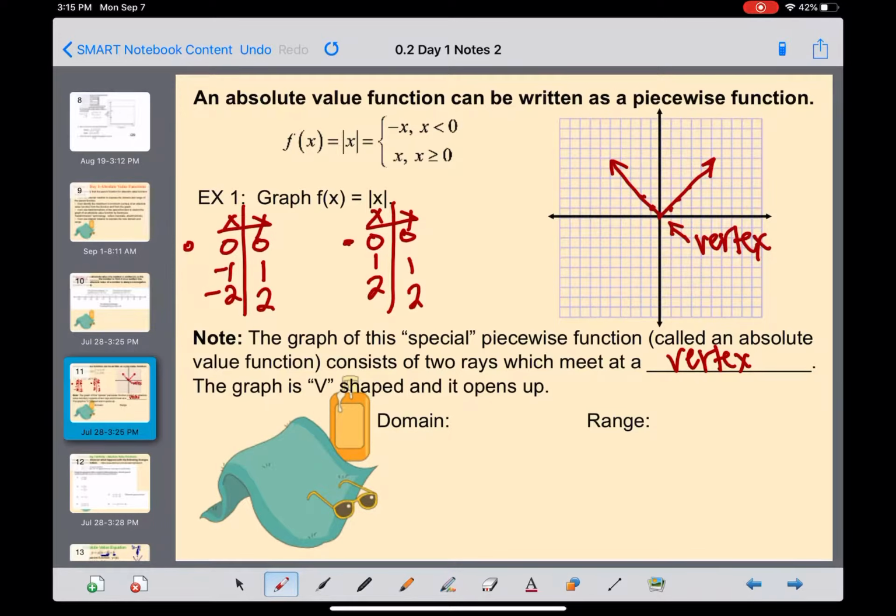Another thing we're going to introduce is interval notation. In interval notation, you are going to use parentheses and brackets. I'm going to write this down.